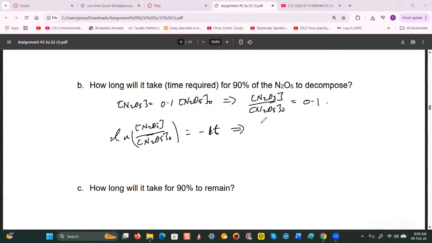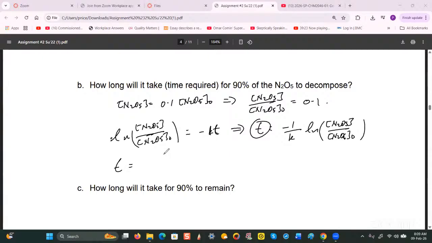So this implies that t will be equal to minus 1 over k times ln of the concentration of N2O5 over the initial concentration of N2O5. So that will be the equation you'd use because the question is asking for the time.